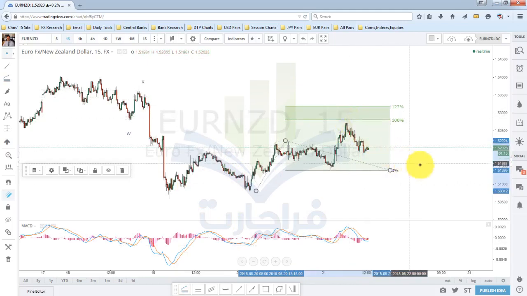Okay, folks, very, very common pattern in the market. Gives us a very high probability when we're using these patterns and divergence to trade with, to profit. Are there times when it's not going to work out perfectly? Absolutely. Are there times when the market's not going to be quite as symmetrical? Absolutely.